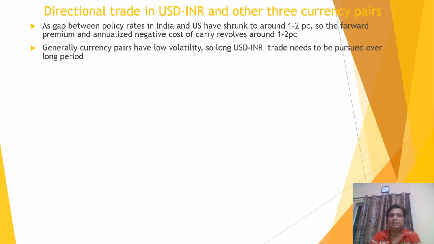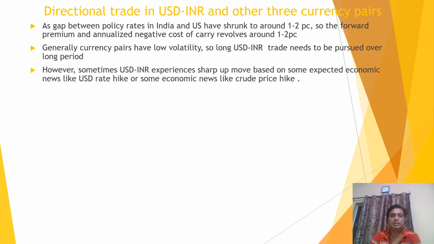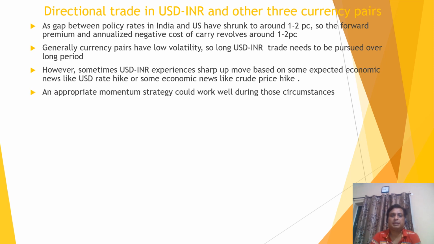Generally, currency pairs have low volatility, so a long USD-INR trade needs to be pursued over the long period. However, sometimes USD-INR experiences a sharp up move based on some expected economic news, like a USD rate hike or crude price hike. An appropriate momentum strategy could work well during those circumstances.